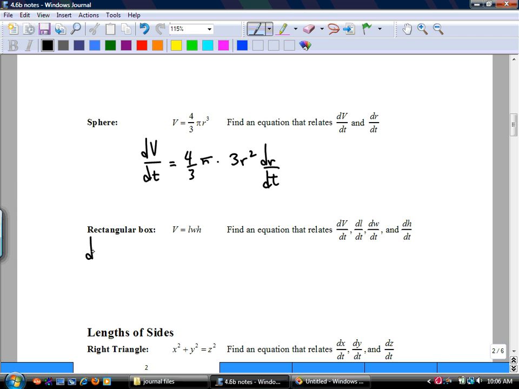Product rule times 3. Derivative of the first times the second and third, plus the derivative of the second times the first and the third, plus... you go.